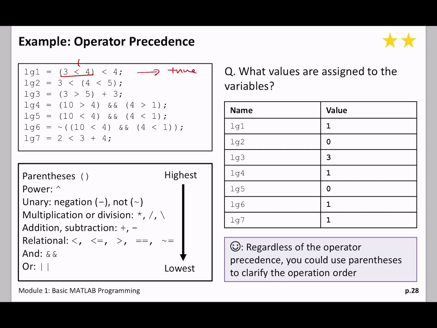So 1. Again, this one is a logical type. This one, 4 is less than 5. True. 1, right? 1, 3 is less than 1.